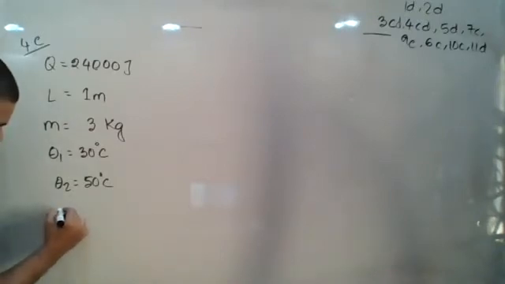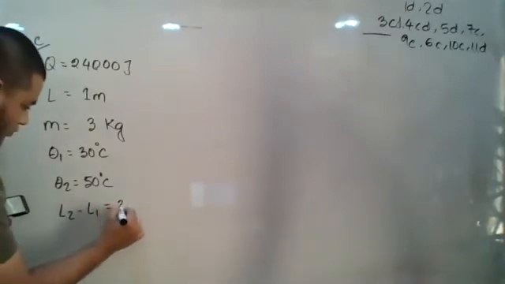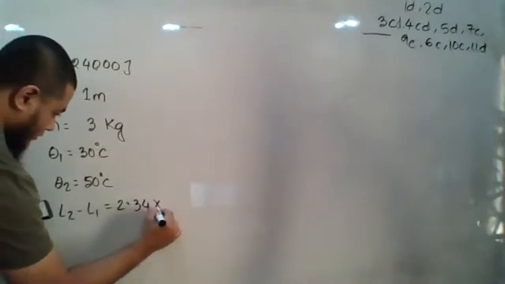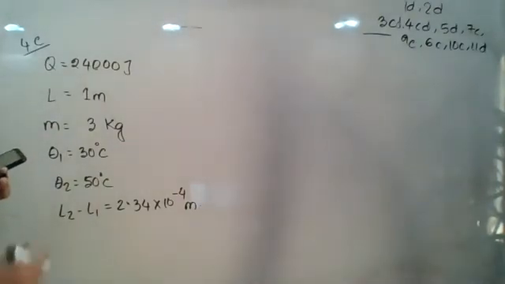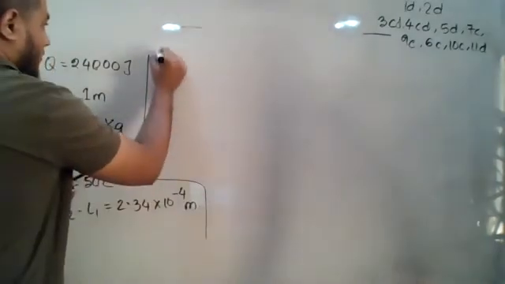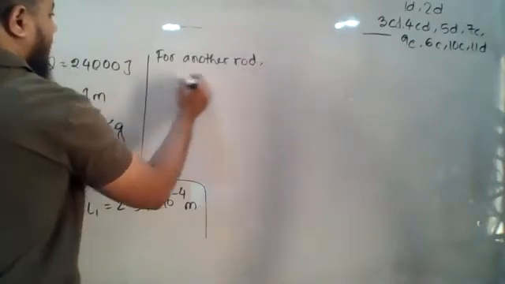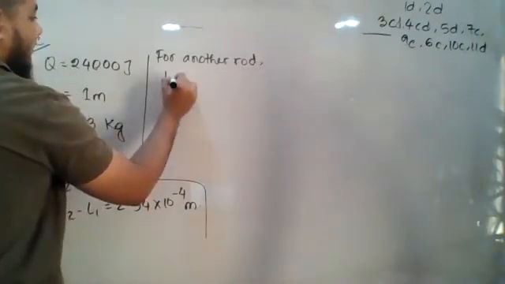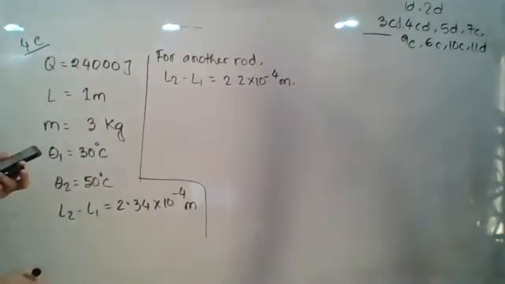The expansion of length means L2 minus L1, and the amount of expansion is 2.34 into 10 to the power minus 4 meter. For another similar rod, the length expansion L2 minus L1 is given as 2.2 into 10 to the power minus 4 meter, for the same change of temperature.